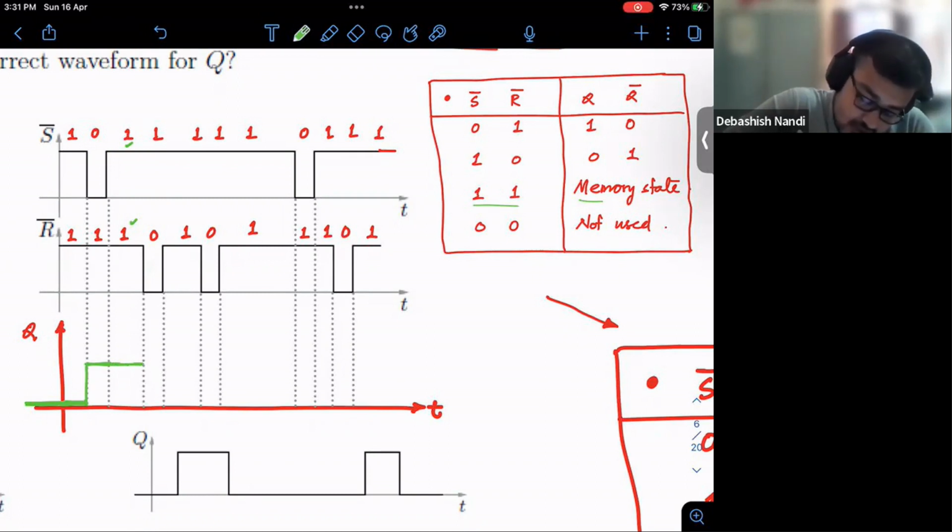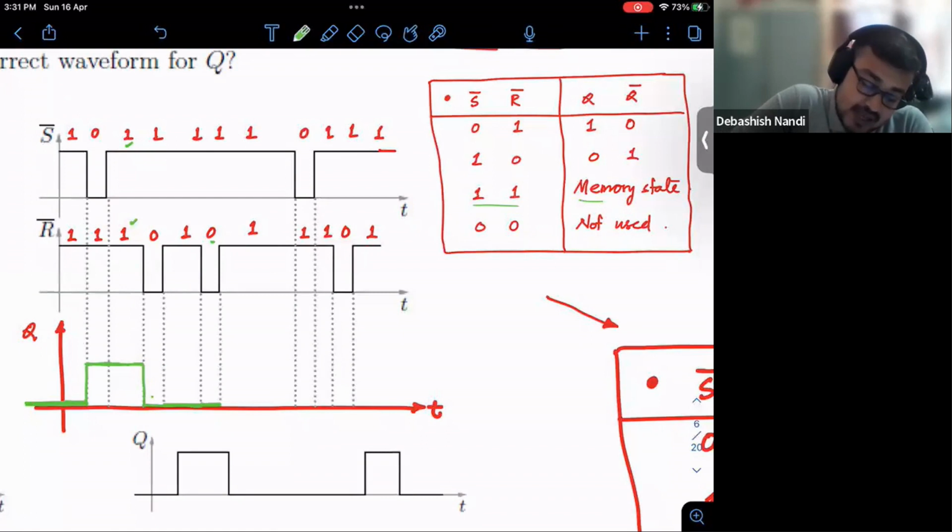Then it is 1, 0. So it will again follow the R bar waveform, right? Then again 1, 1, it will store the previous value. Previous value was this. Then again 1, 0. So what is 0? R bar is 0. So your output will still remain 0.